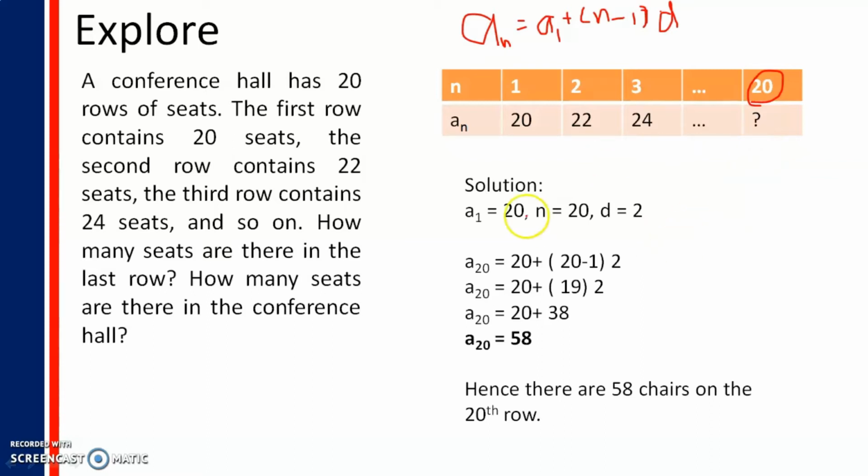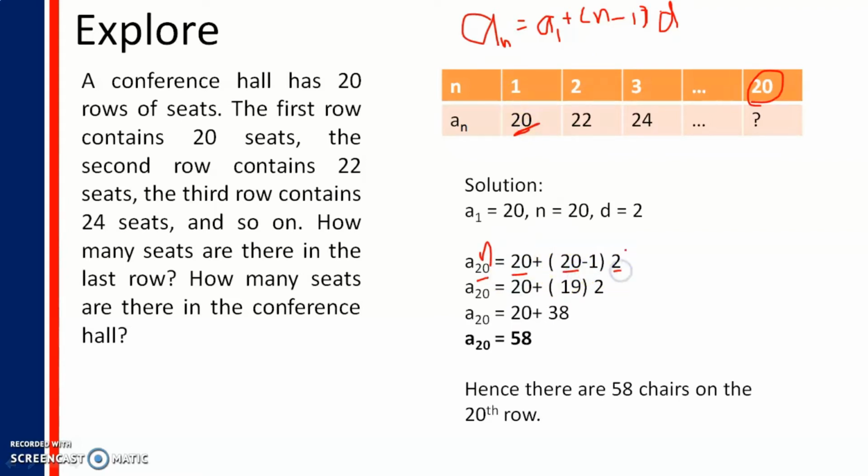How many seats are in the 20th row? Using this formula, we substitute the value of n, which is 20, and the first term, which is 20. Then the value of n minus 1, and the common difference is 2.